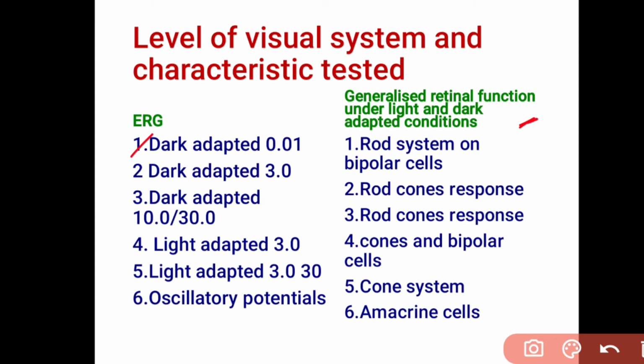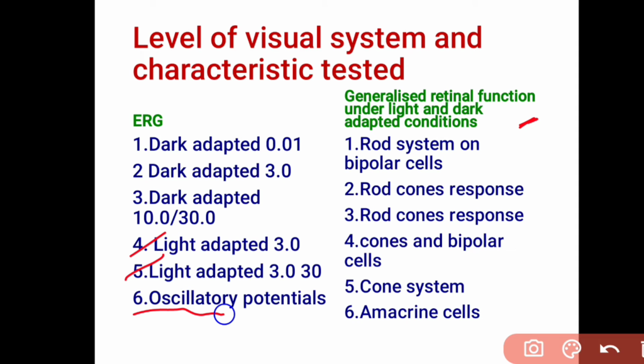Again we have the dark adapted full field ERG where we use a standardized flash of 3.0. Then we have using a strong flash of 10 or 30 flicker Hz. In the light adapted ERG we again have two types, that is 3.0 flashlight, then using 3 to 30 Hz flickers. Then we have something called oscillatory potential.